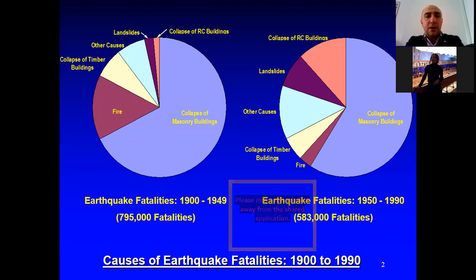Among the building collapses, the primary cause of the fatalities is collapse, as you see, of the masonry buildings. So these are primarily unreinforced masonry or non-engineered masonry buildings.